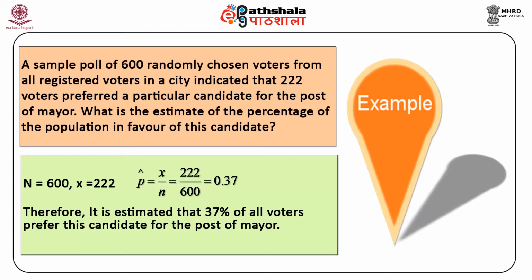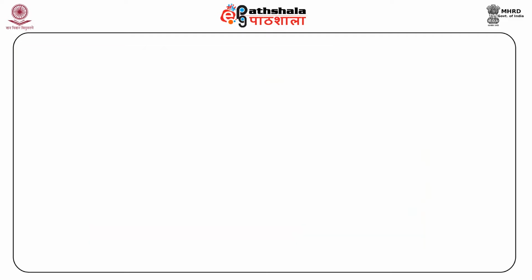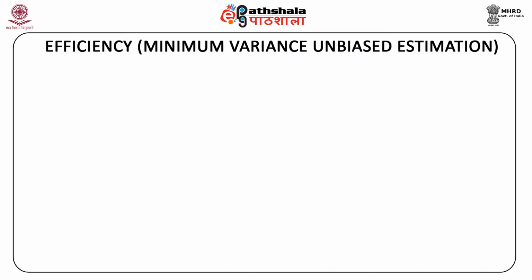Thus, the principle of unbiased estimation is, when choosing among several different estimators of theta, select one that is unbiased. Now we will discuss another desirable property, that is efficiency, or we can also discuss minimum variance unbiased estimation, denoted as MVUE.